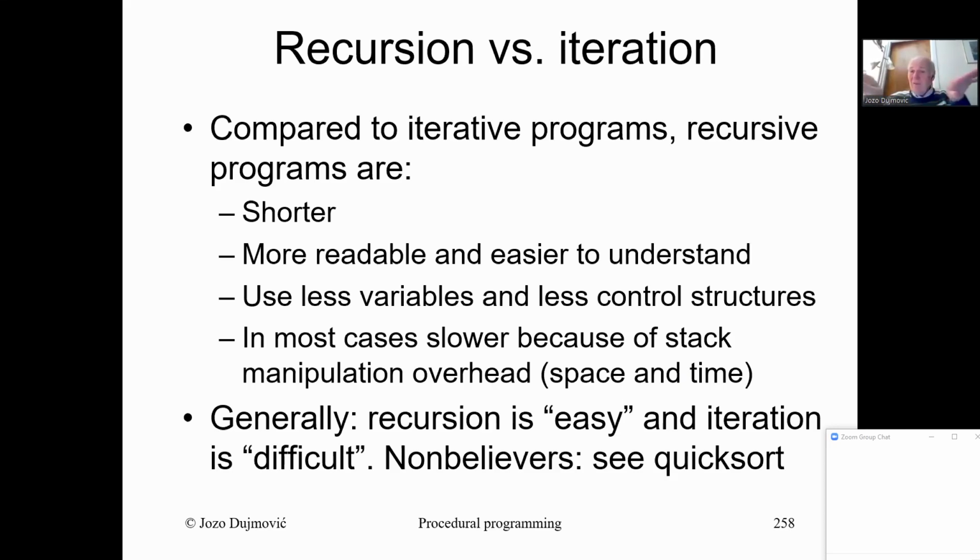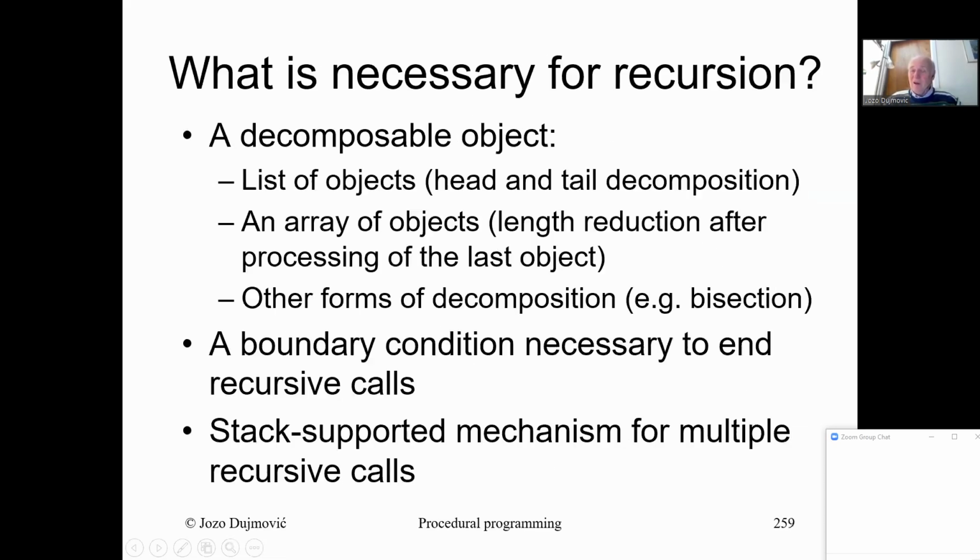It is very tricky to write quicksort iteratively. If you write it recursively, you have 6 lines of code and done. Okay, so the natural way is to use recursive solutions in many repetitive tasks.